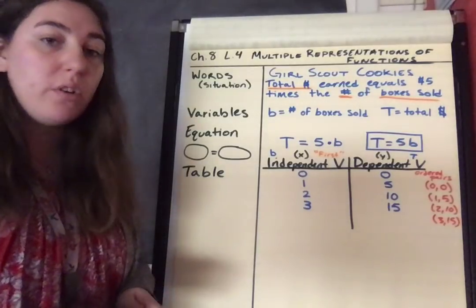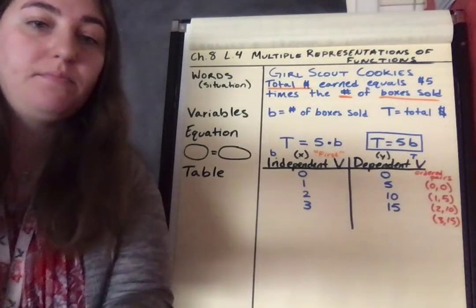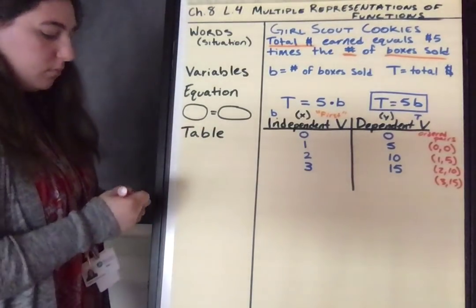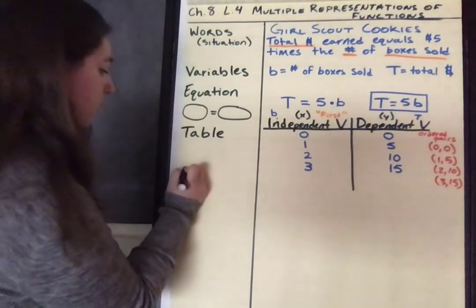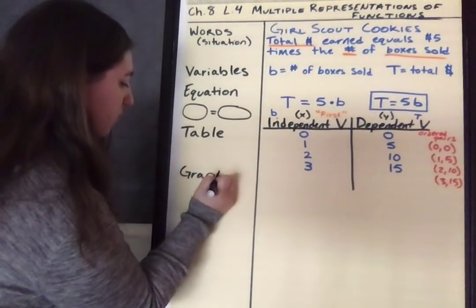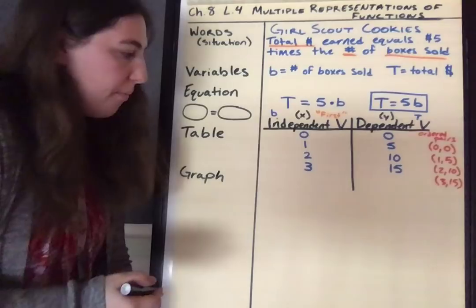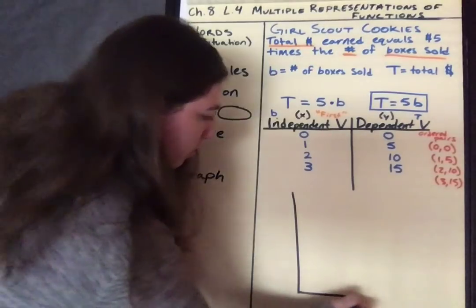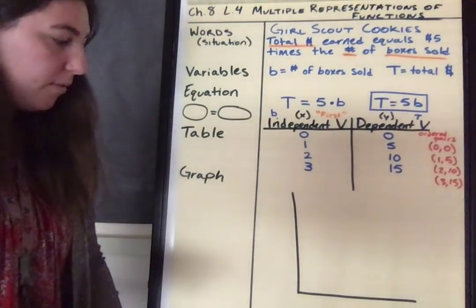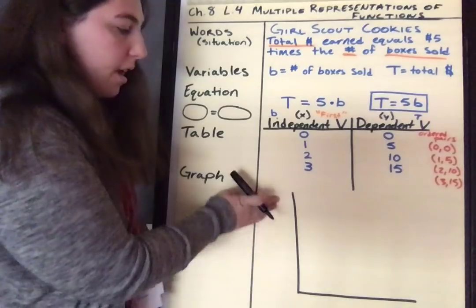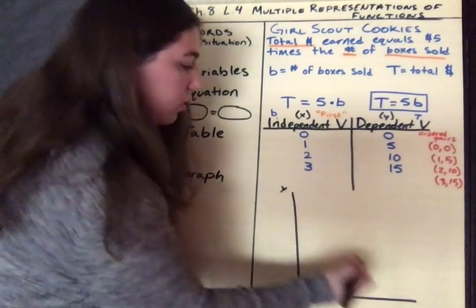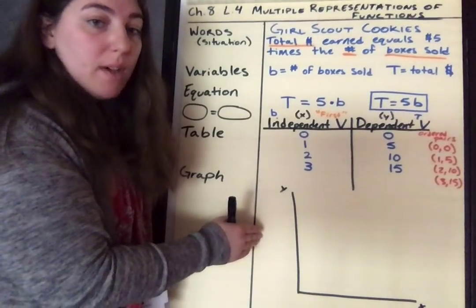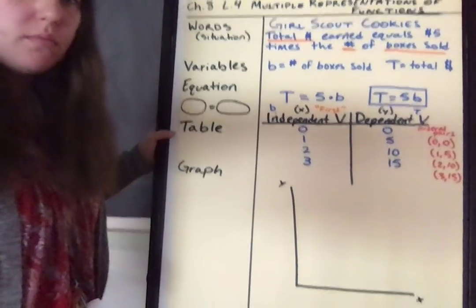Now that I have all my ordered pairs, I can go ahead and graph. Okay, so in my graph, I'm going to make sure that whatever I count by on the y-axis is going to be by the same amount. Every tick mark I make has to be the same value. Same with the x.